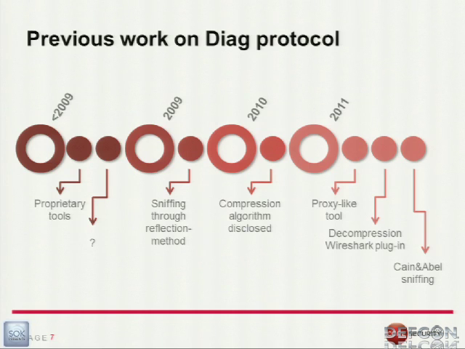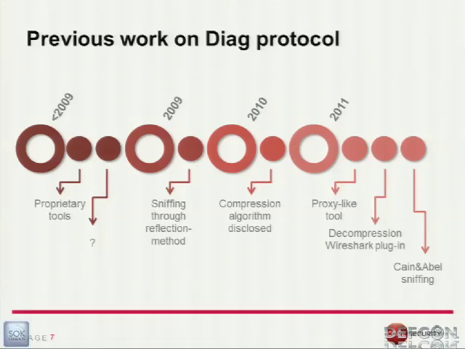So the implementation of the compression algorithm is available, and he wrote a small tool to decompress the traffic, and it helps a lot trying to understand how the protocol works. More recently, in 2011, there was a lot of work on the protocol.